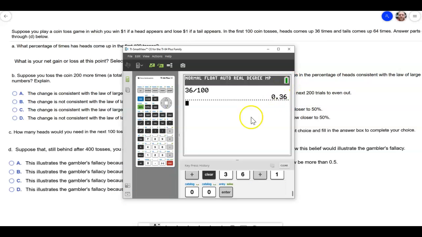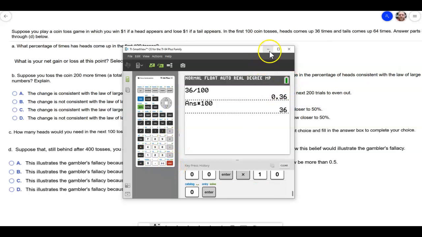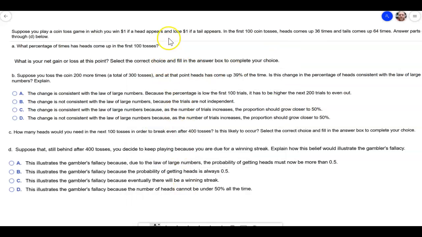You're going to get 0.36, which converted to a percentage is 36%. So we're going to put 36% of the time we actually got a heads. That is not very good because on average it's 50%. So we are definitely unlucky in this game so far.